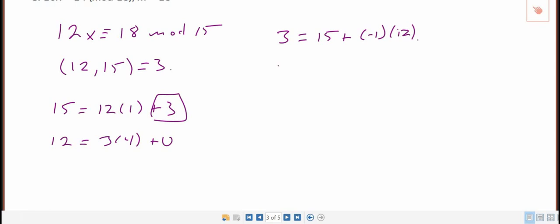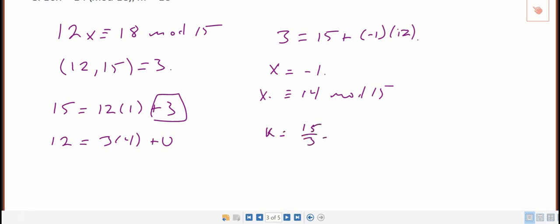So my x to start with is going to be negative 1, which of course is congruent to 14 mod 15. So that's my first solution. Now I've got to figure out what the next set of solutions is. And if we do the modulus divided by the GCD, I'm going to call that K.